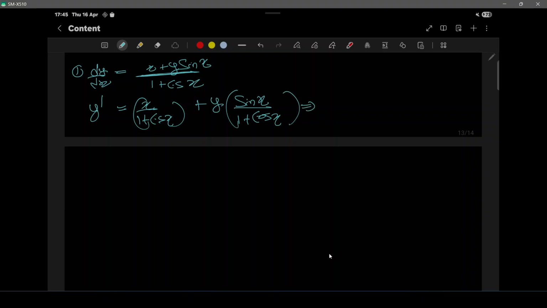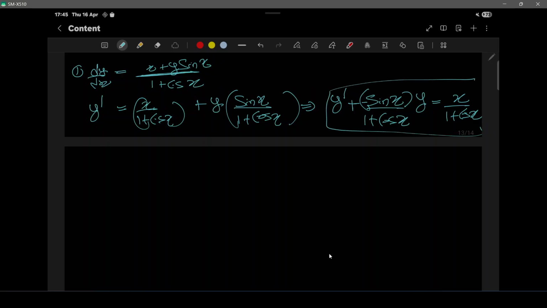So y dash plus (minus sin x over 1 plus cos x) times y is equal to x over (1 plus cos x). Now we have the exact format that we derived.